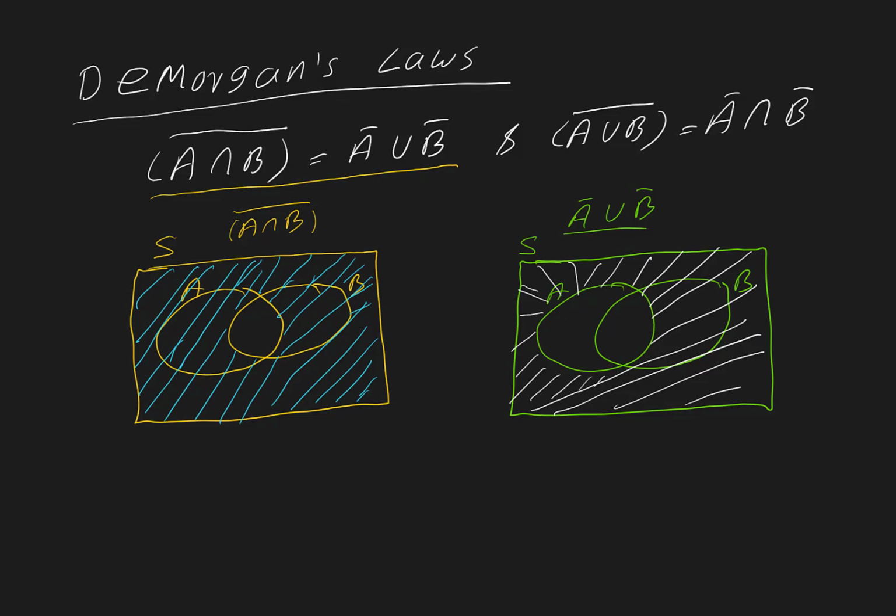Then I use B complement. What is the B complement? It is everywhere but not in B, right? So I use blue color everywhere but not in B this way.